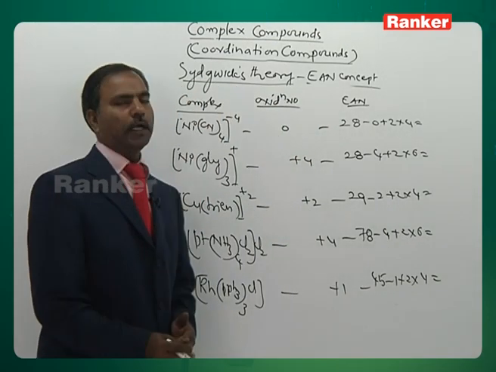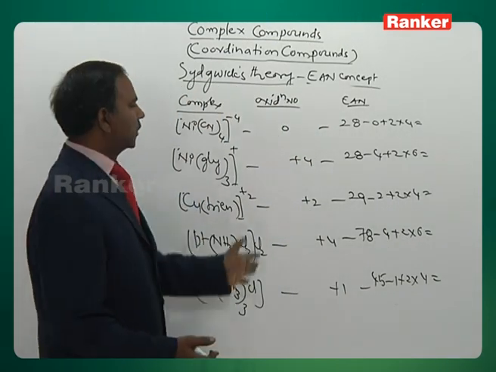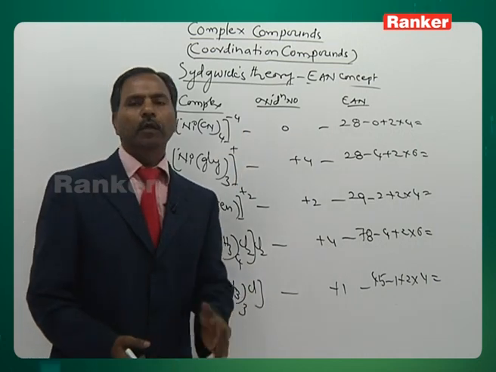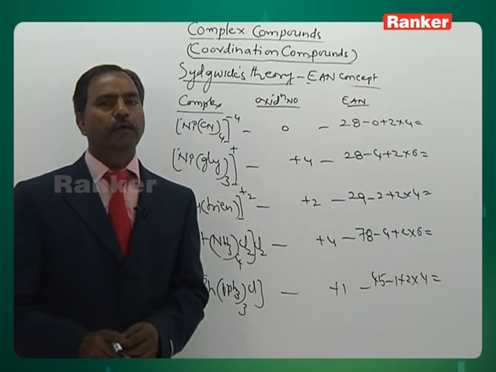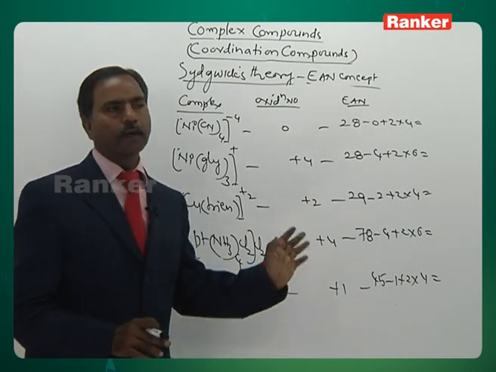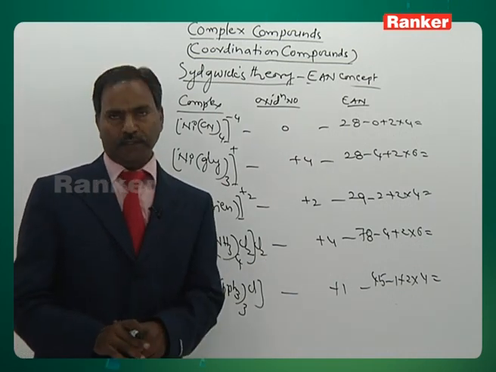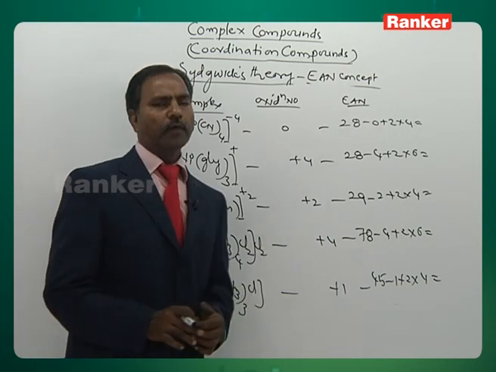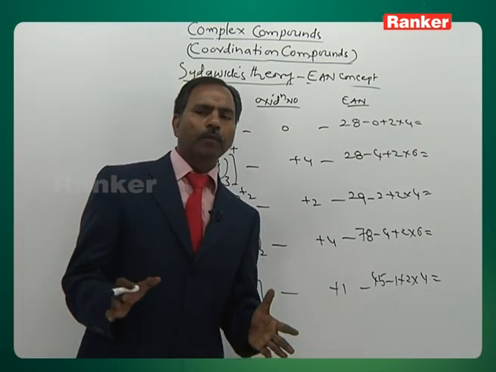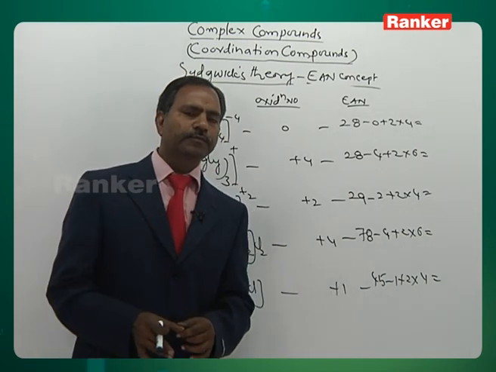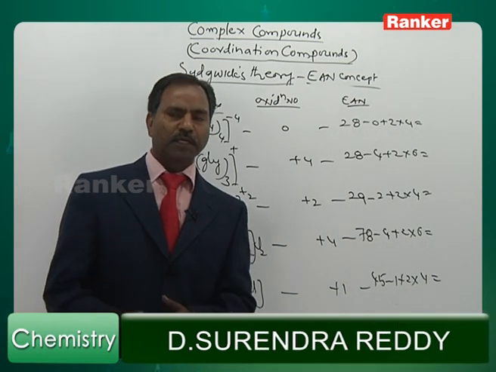Like this we can calculate the effective atomic number. These are all mononuclear complexes, meaning only one metal ion is there. It is easy to calculate whenever mononuclear complexes come in the examination. But often they may give binuclear complexes or trinuclear complexes.